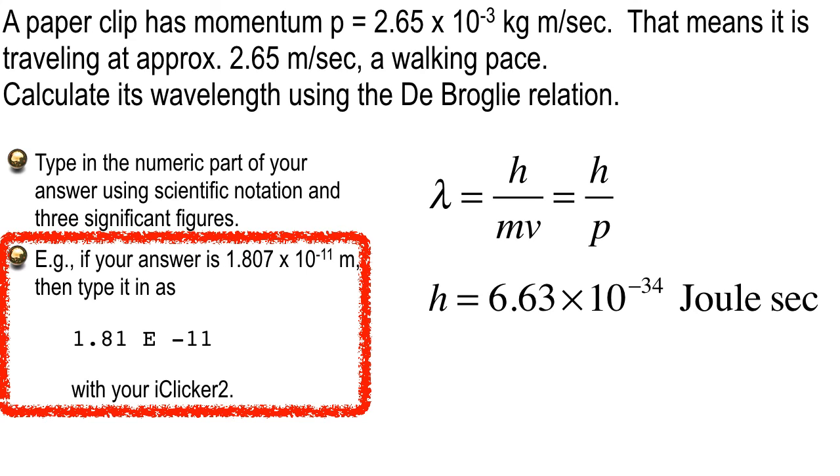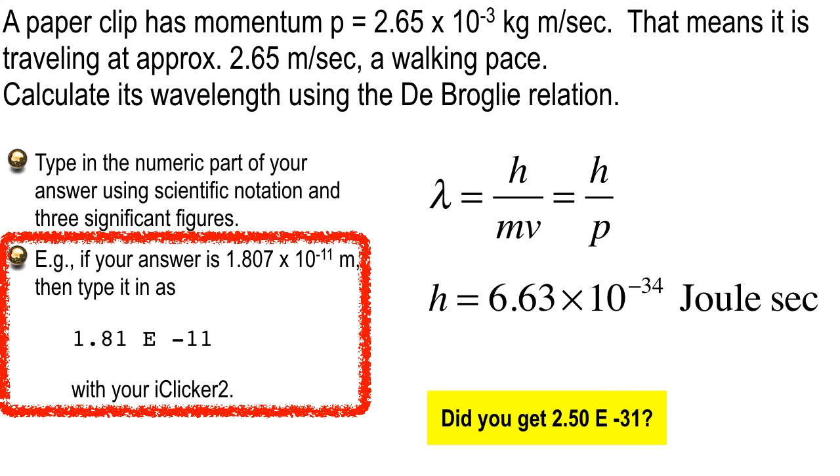Presentation mode, please. You know what? I got somebody that typed in an answer here that looks good, but they have 6 zeros, and that's not good. Raise your hand if you got 2.5 E minus 31. I don't see a whole lot of those.